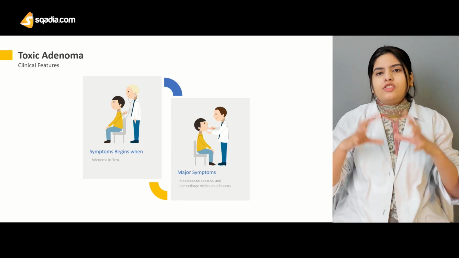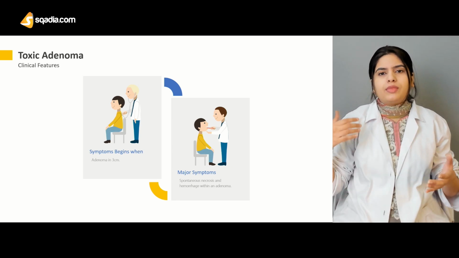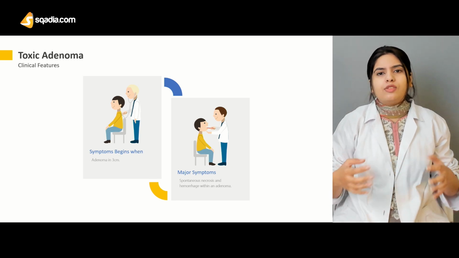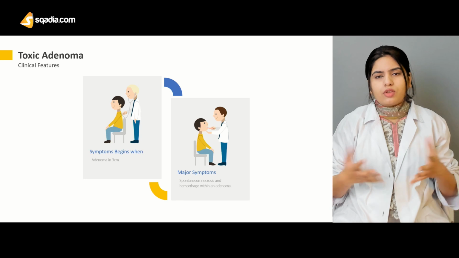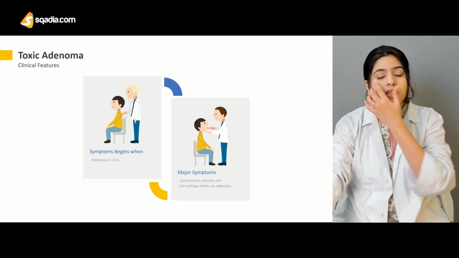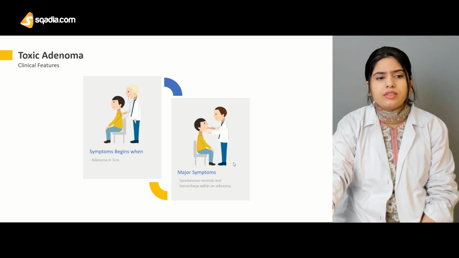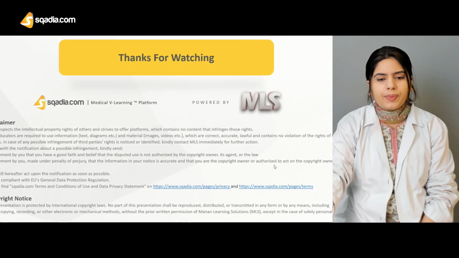So in that giant nodule, there can be necrosis and there can be hemorrhage that lead to the appearance of the symptoms, and the patient will present with the symptoms of hyperthyroidism. So these are some prominent features of toxic adenoma.